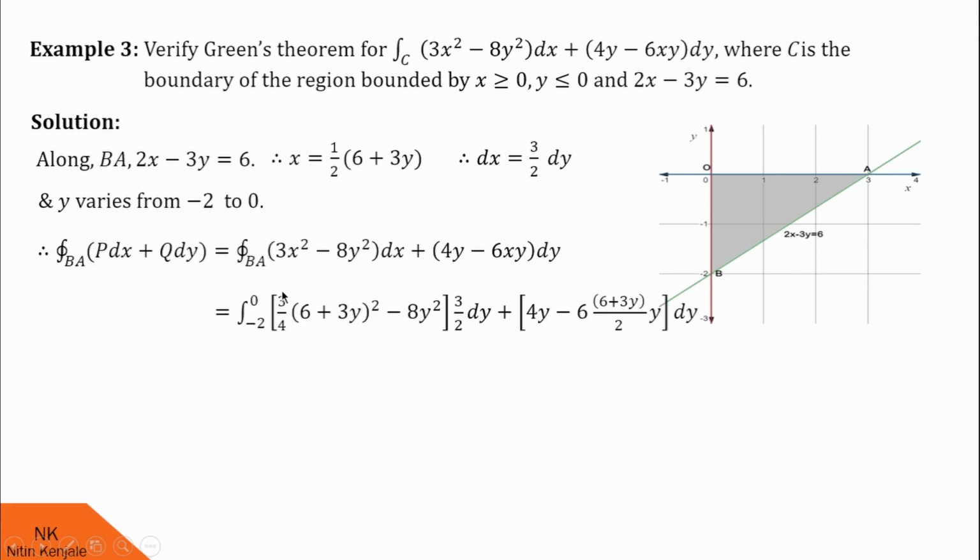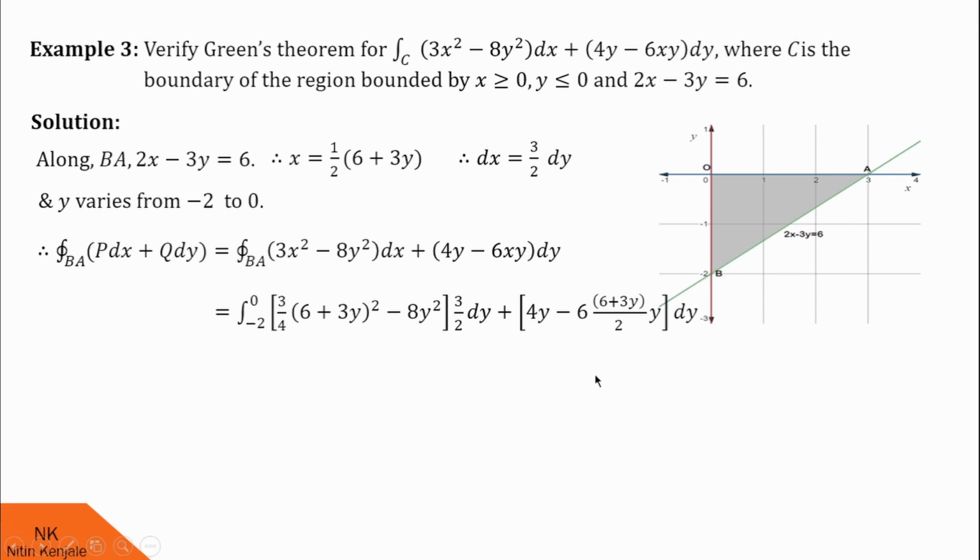So along BA, this line integral value is 3 into x square. X square is half (6 plus 3y) square. So half square is 1 by 4, (6 plus 3y) square minus 8y square as it is. Dx is 3 by 2 dy. 4y remains as it is. 6 into x. X is half (6 plus 3y) into y dy over the limits minus 2 to 0.